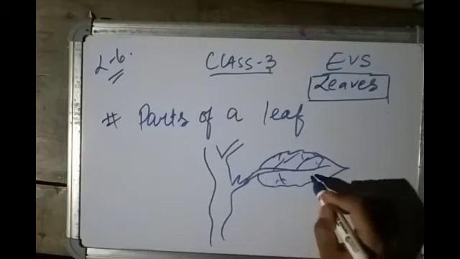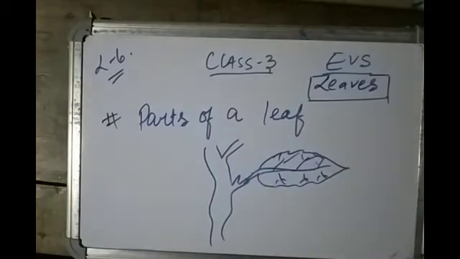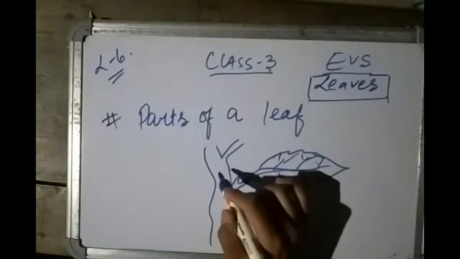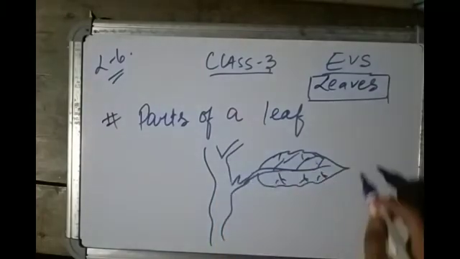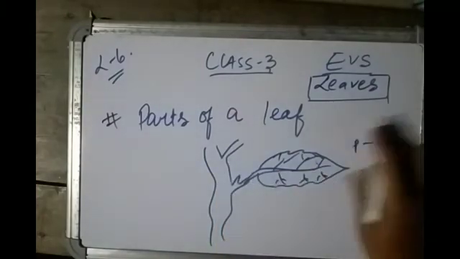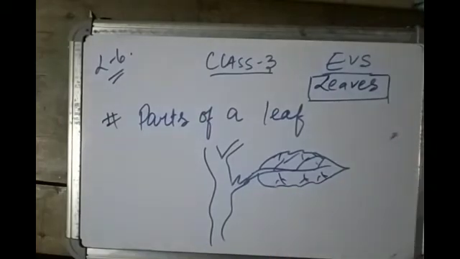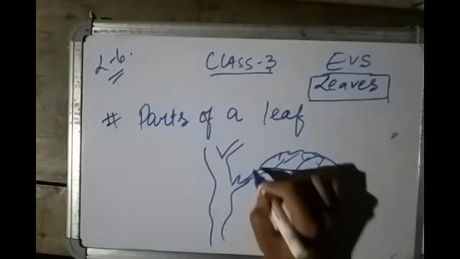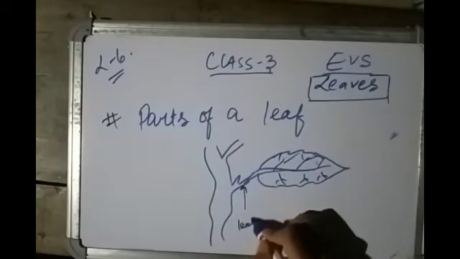So it is very important to have textbook with you. So when you look at your textbook at page number 38, you will find a picture of parts of a plant. This is given as a leaf stalk.